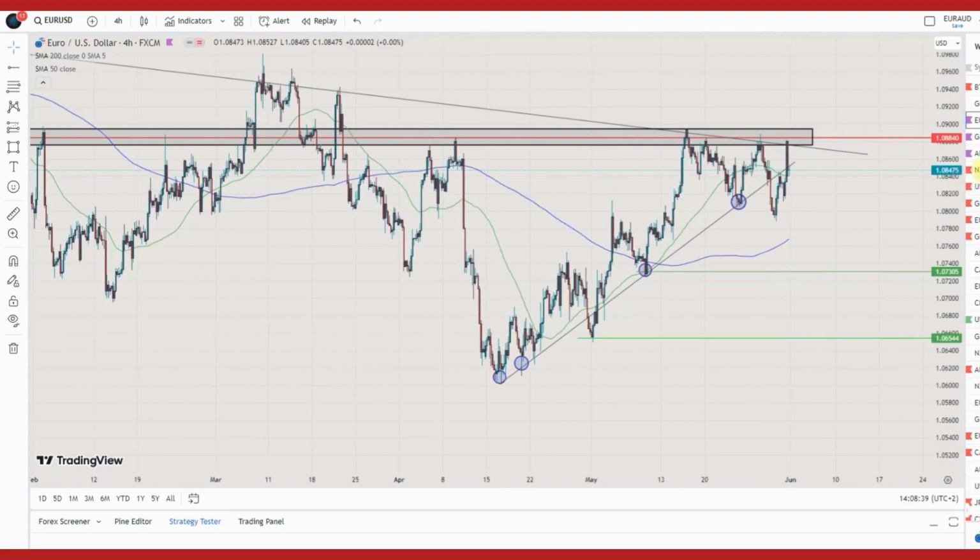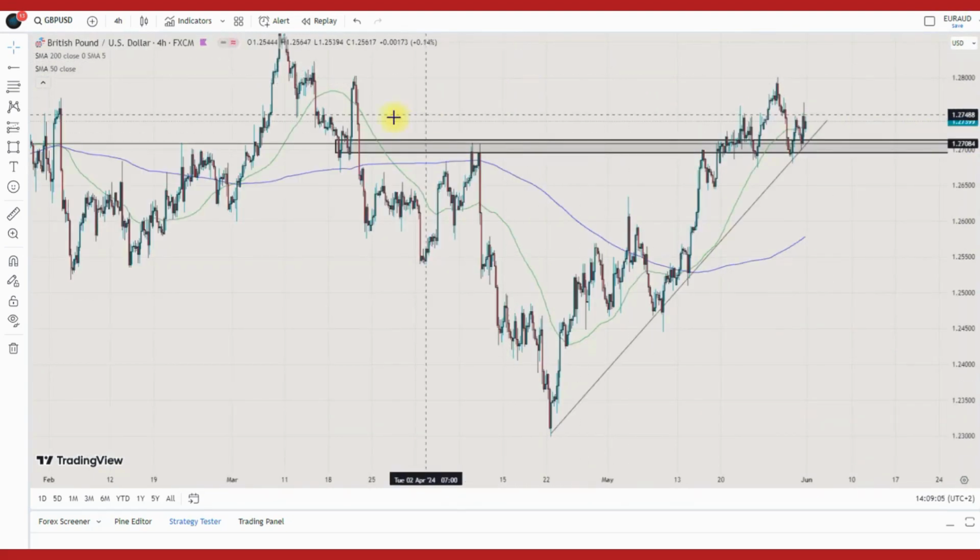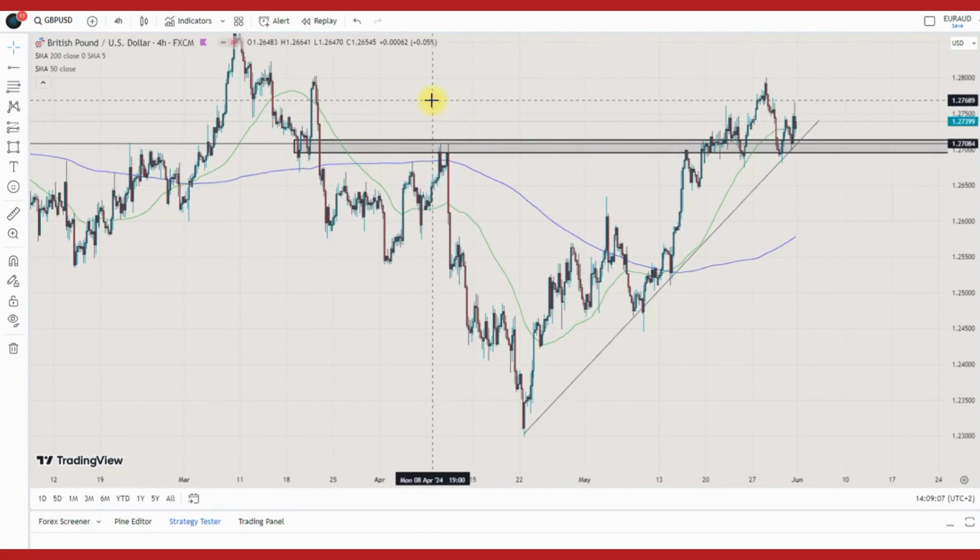So for now, my overall bias is to the downside because price has created a new low here, but we have a deep pullback which didn't create a new high, and then we should see price falling back to 1.07305, and if that level breaks, we should be looking for 1.06544.